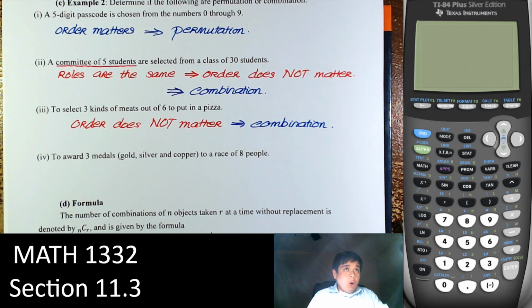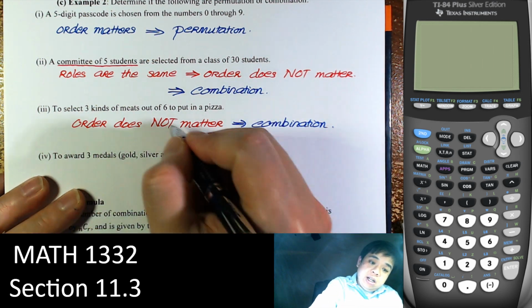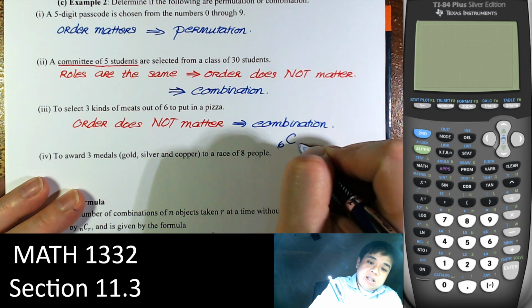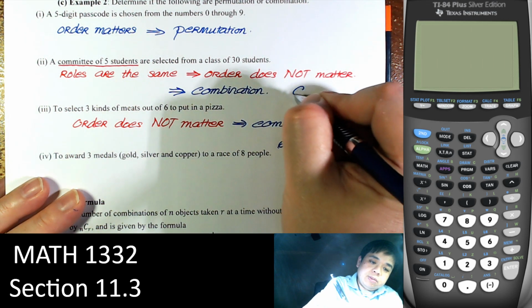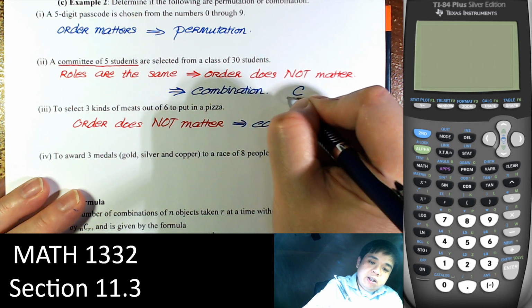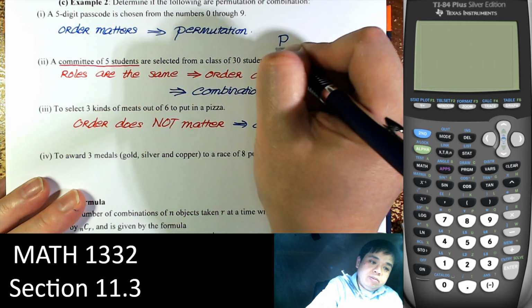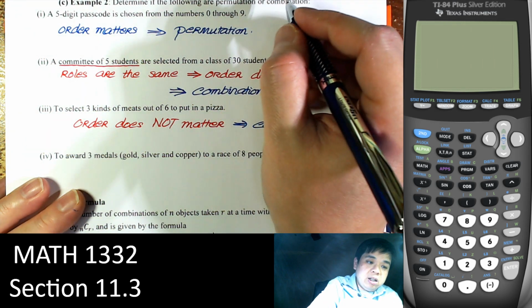By the way, for combination, we can say we choose 3 out of 6, 5 out of 20. This one is a permutation of 5-digit passcodes from 0 to 9.